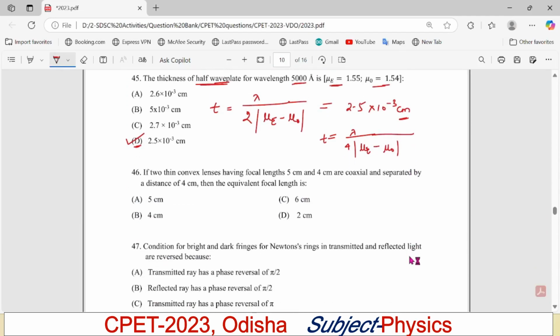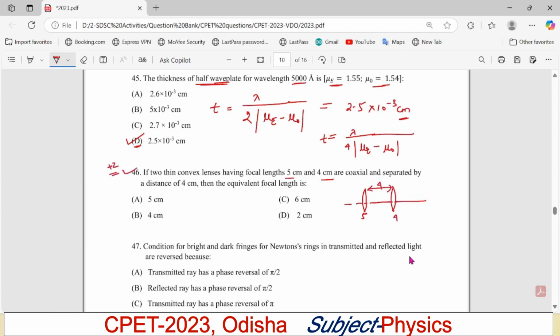If two thin convex lenses having focal length 5 and 4 are coaxial, separated by a distance, like this, its focal length is 5 centimeter and this is 4 centimeter, coaxially separated by a distance 4. It is a very good and very easy question, even a plus 2 question.